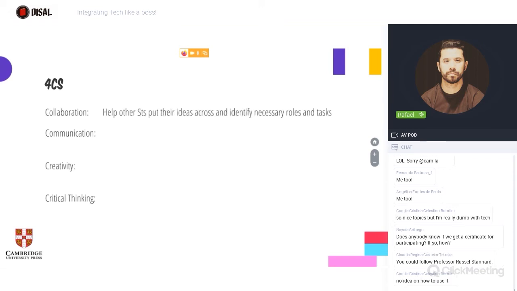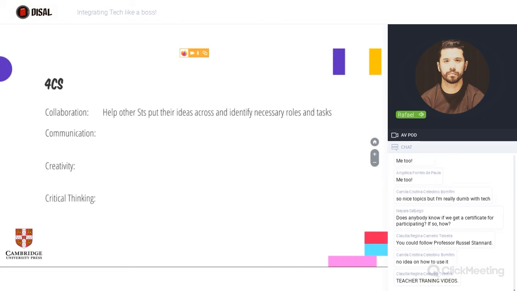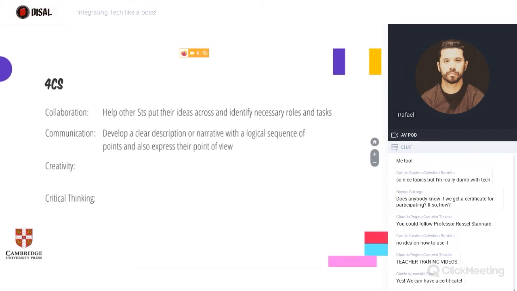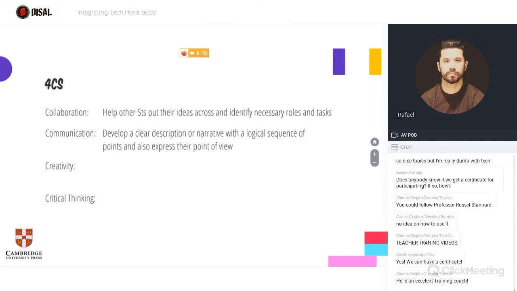So in collaboration, for example, I wanted them to help one another put their ideas across and identify the roles and tasks each one of them had to do. In communication, I wanted them to develop a clear narrative with a very logical sequence of facts, focused on their research, also by expressing their opinions and their thoughts.